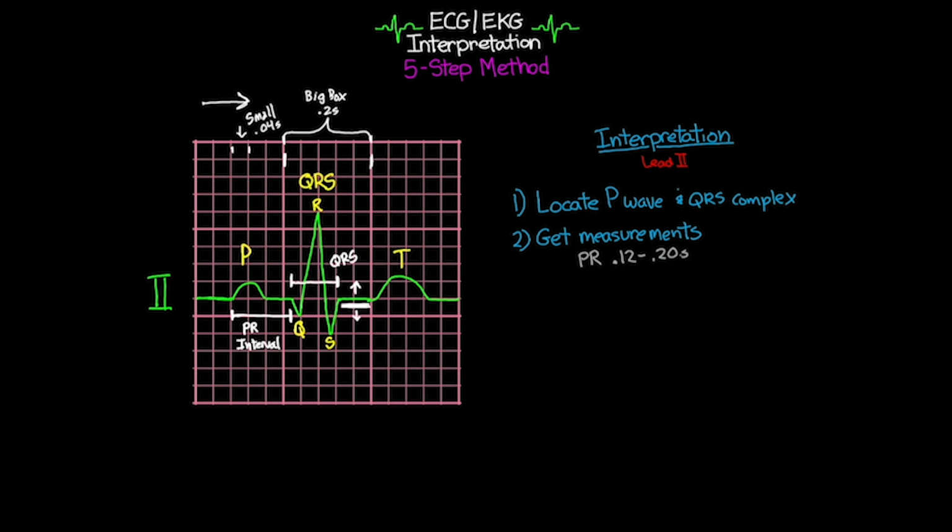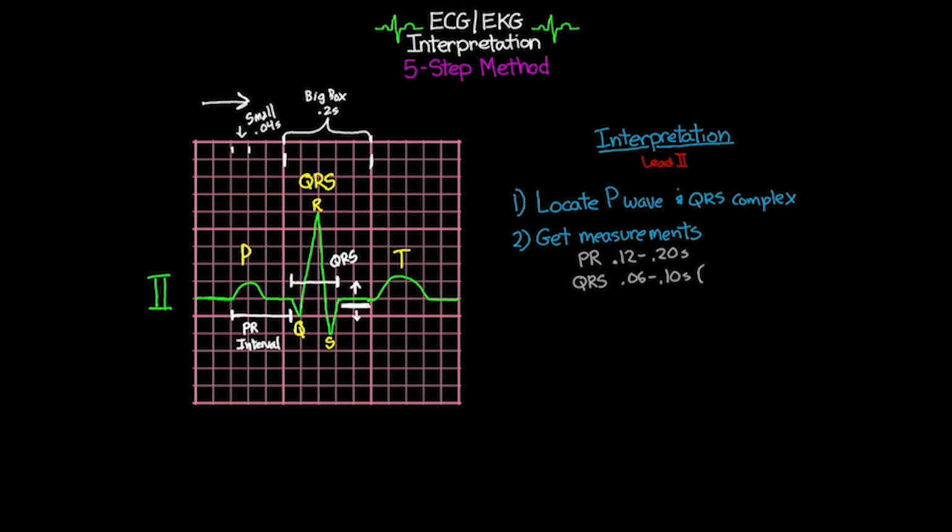Now, typically for simplicity, we really don't worry about a short PR interval, but if that PR interval is long, it could tell you that there's something else going on. Again, stuff that we'll talk about later in these lessons. And so then with our QRS complex, our normal value is going to be 0.06 to 0.10 seconds.